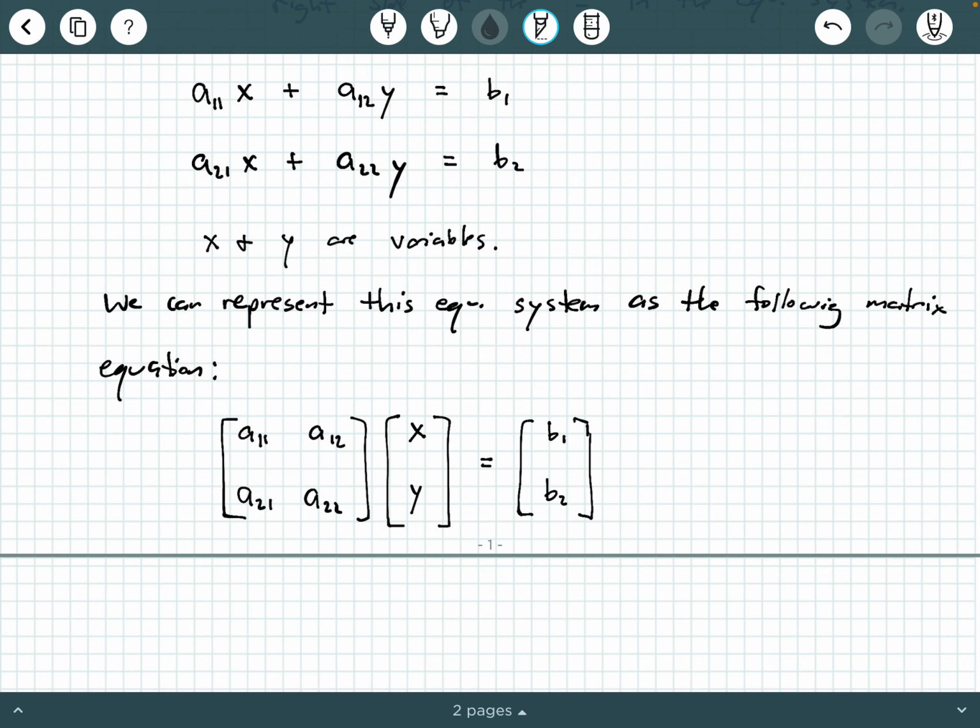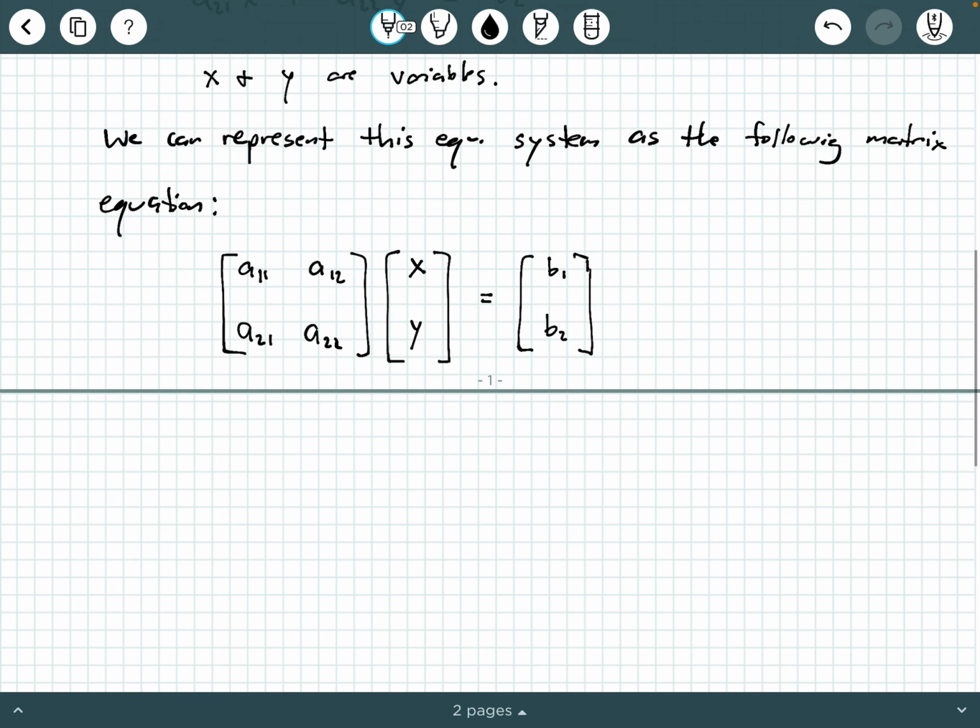So what we've done here is we've taken a system of two equations with two variables, and we've repackaged it into what's called a matrix equation. So this first 2 by 2 matrix is our coefficient matrix.